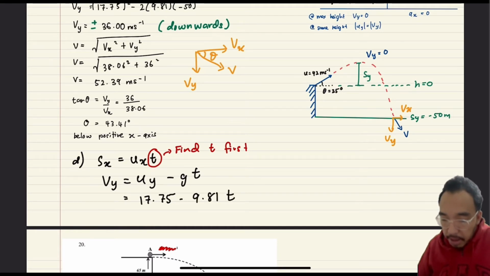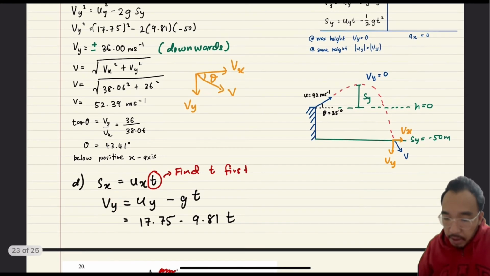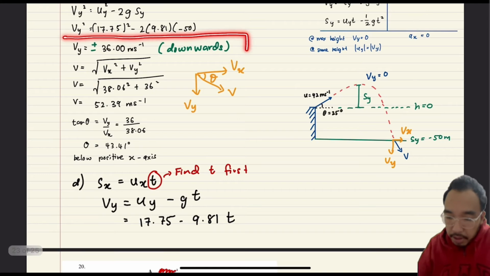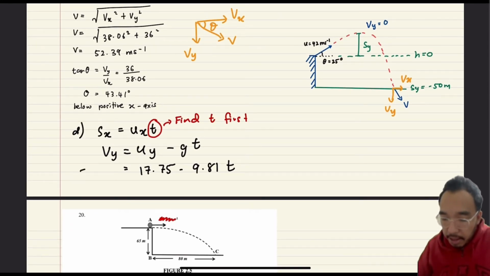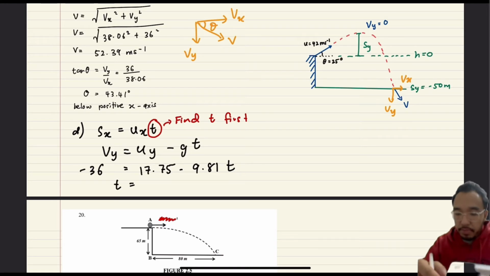The tricky part, not tricky, but you have to be careful, is Vy. You basically have to use this one, 36. But if you substitute just 36, it means it's pointing upwards, which is not true. So you have to substitute negative 36. Be careful with this. So the time that you got here is negative 36 minus 17.75 divided by negative 9.81.